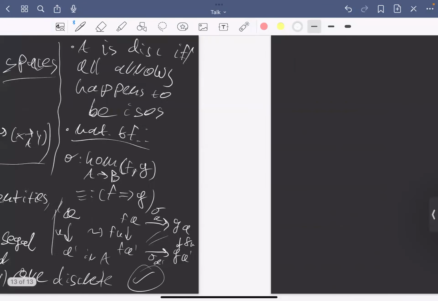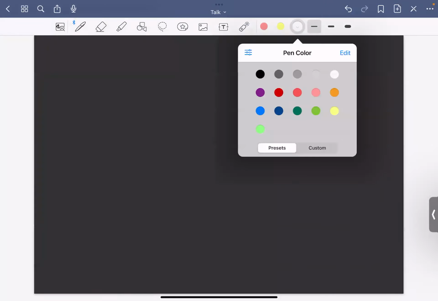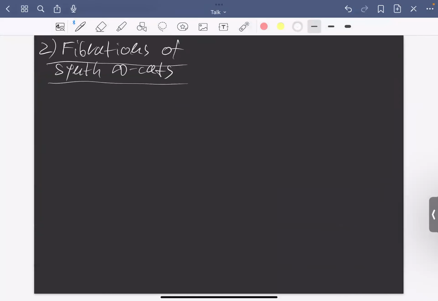Okay, so let's get to the point where we're talking about fibrations of those things. So fibrations of synthetic infinity categories. So what's the idea?